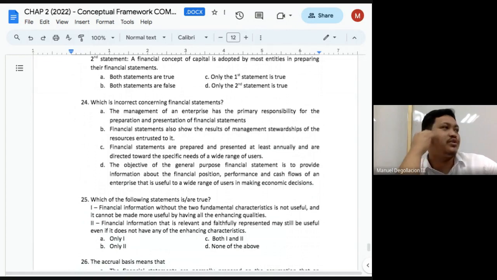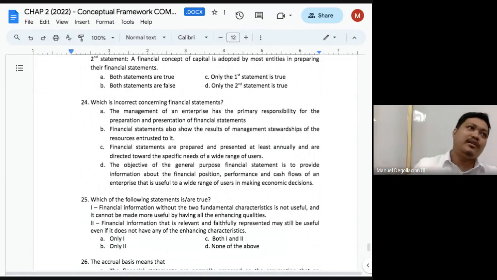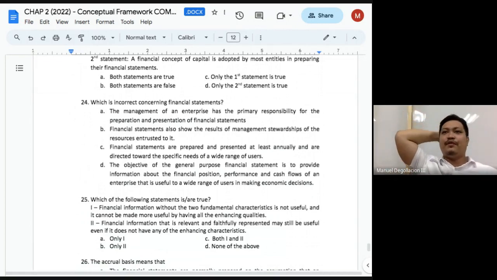From all the questions I have encountered, class, if one of the choices is management, then almost always the answer is management. For example, the most common question is, who has the primary responsibility in the preparation of your financial statements? One of the choices would be management, other choices would be auditors, accountants, so on and so forth. Okay, the answer there is management.